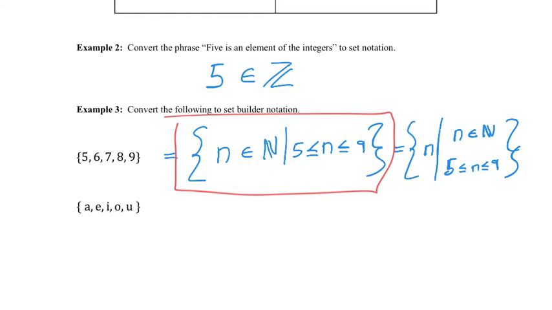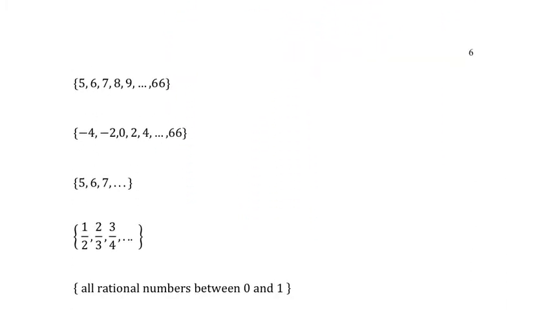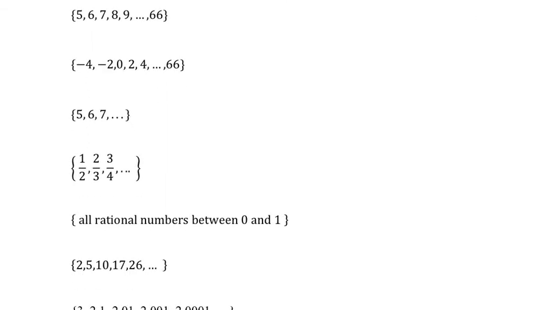Okay, so for the next one, maybe we could say that we have a set, and our set contains a letter. So maybe X is a letter such that X is a vowel. Okay, so it's as simple as that. Okay, the next one is kind of similar to what we had above.